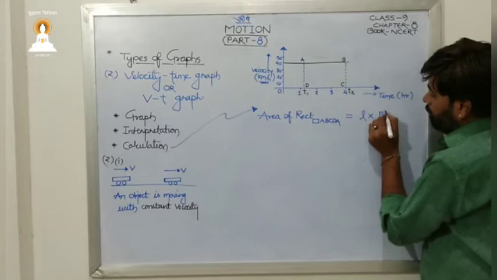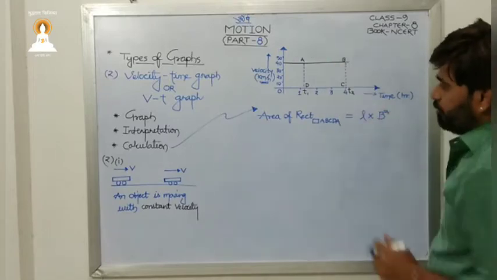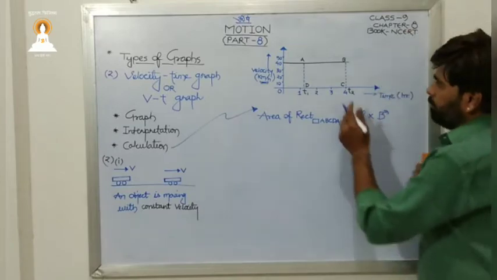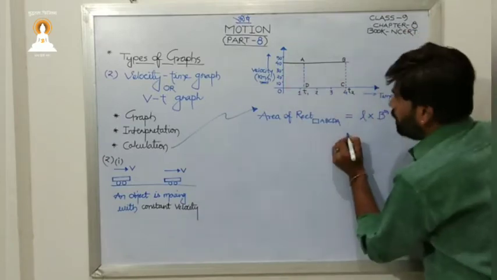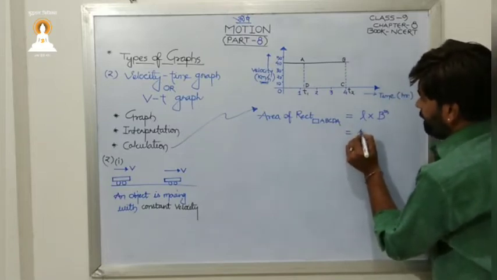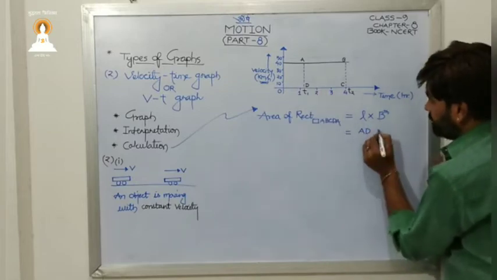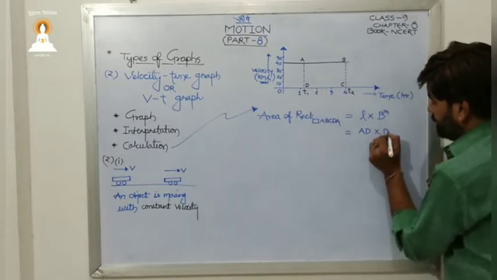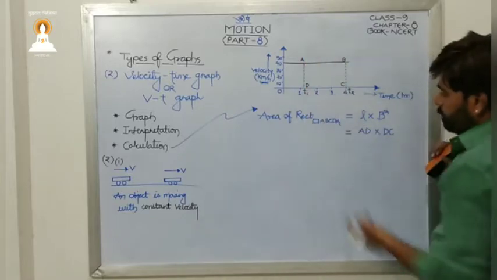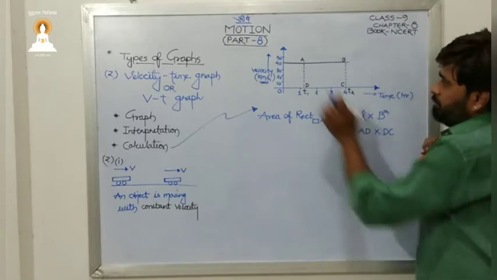Don't get confused, because it is also b. Now say this length is AD, and width is say BC. Now you may say, sir, if I take AB, no problem, but we are actually concerned with the known quantity.